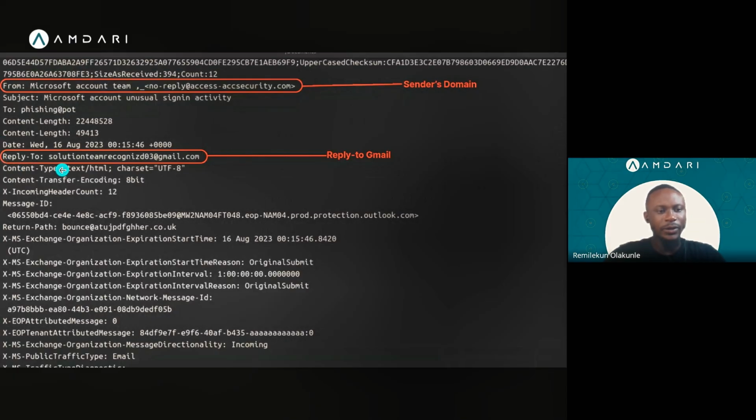And we have another interesting IOC here, which is the reply-to address. Normally, a Microsoft reply-to address will have a Microsoft element in it. Let's say reply.to.microsoft.com.pk or something like that. However, this reply-to address belongs to a random Gmail, suspected to be controlled by an attacker.